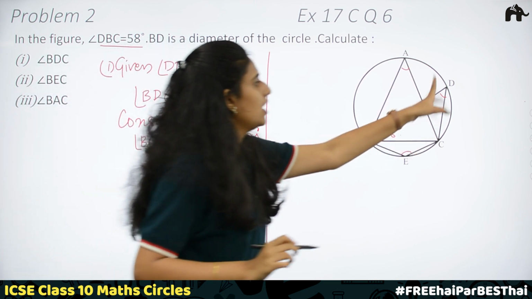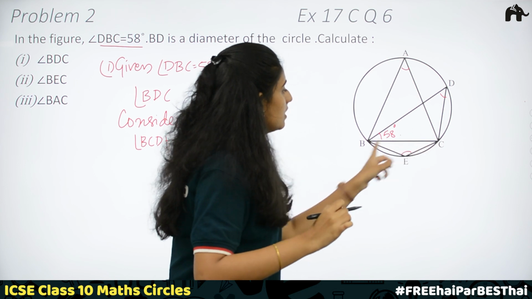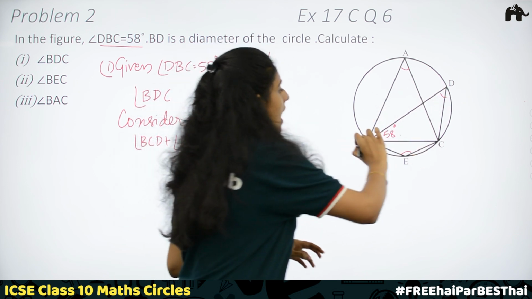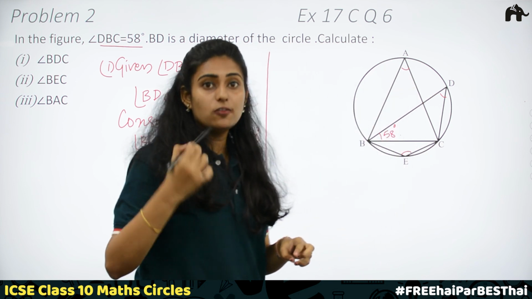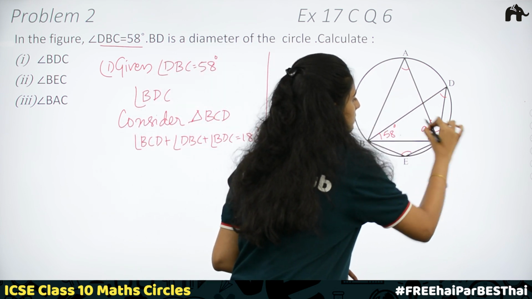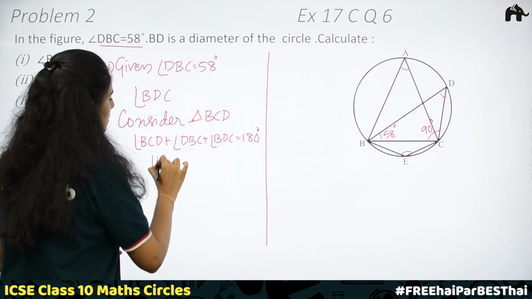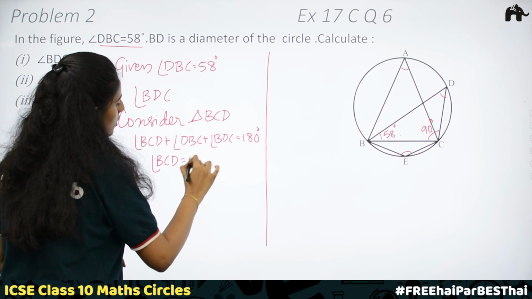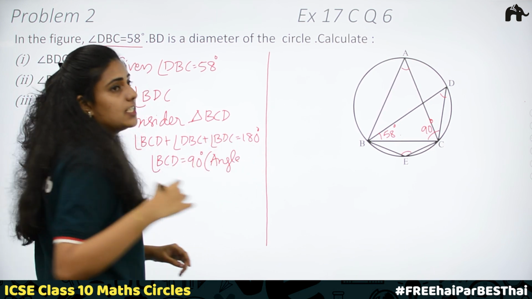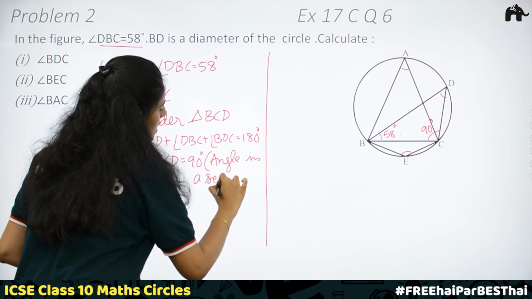How to find the value of BCD? BCD is an angle that is subtended by the diameter BD. And we know angle subtended by diameter will always be equal to 90 degrees. So, this angle will be 90 degrees. What is the reason? Angle BCD equal to 90 degrees. Reason? Angle subtended by a diameter or angle in a semicircle.